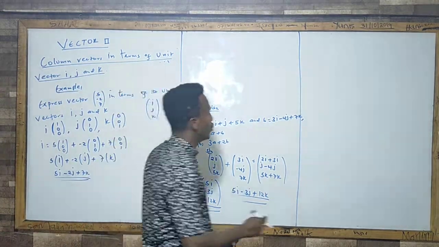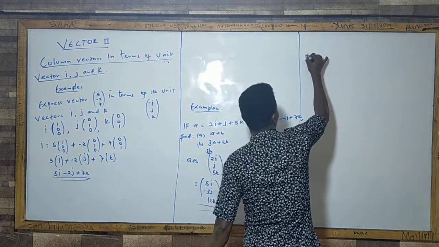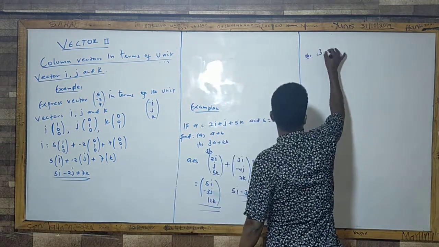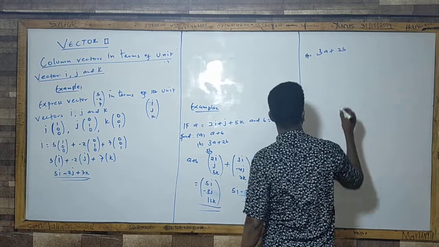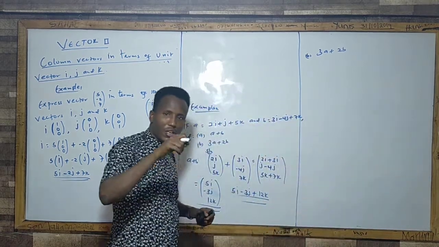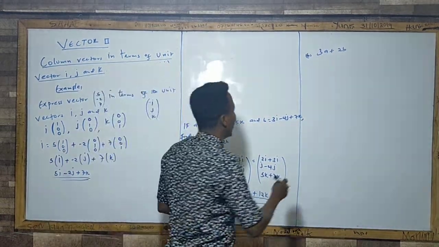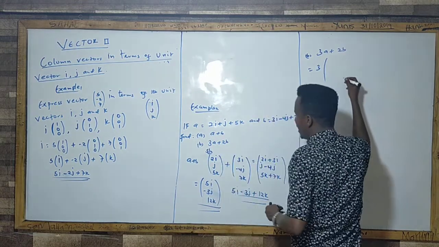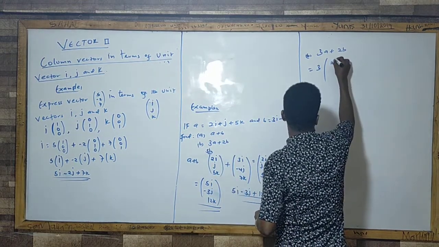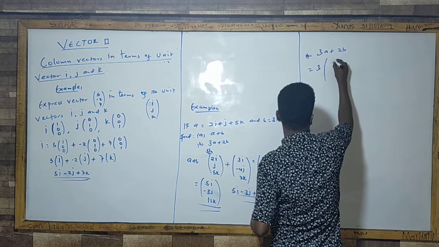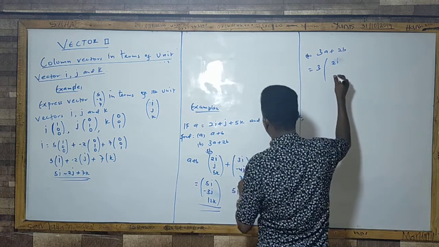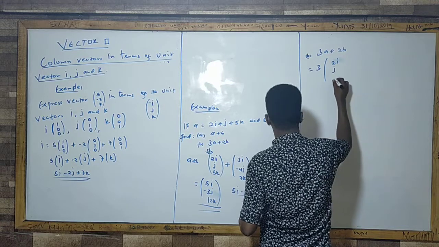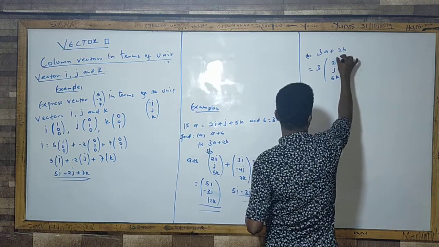3a plus 2b. This is question B. Here we have 3a plus 2b. 3a means 3 times a, and a you have. So this can be written as 3, then a written in column, that is 2i, j, 5k.